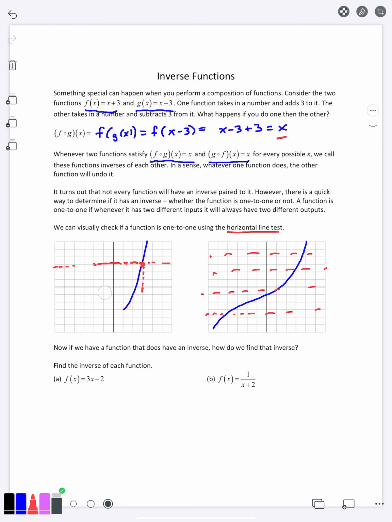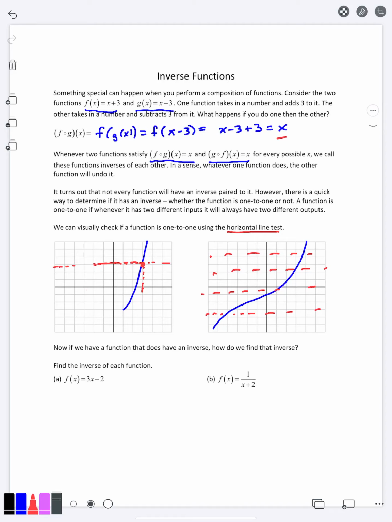You will change it so you only have a piece of the graph instead of all of it. And by erasing the left-hand side, it will then pass the horizontal line test and you can have an inverse. So sometimes we'll do that, sometimes we won't. But just keep in mind that there are some workarounds even if it fails the horizontal line test.